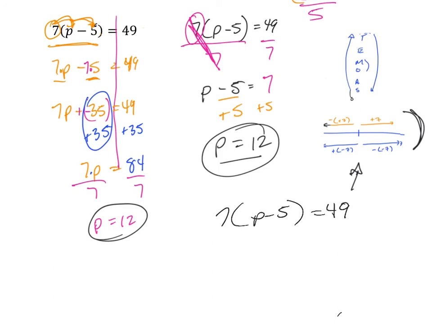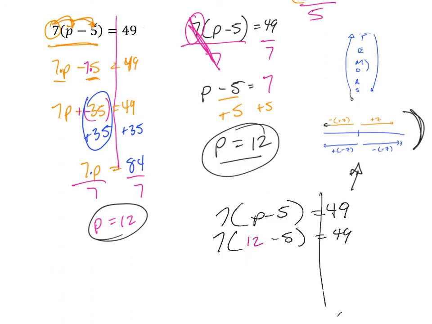You have to remember that you're not going to use distributive property when you simplify this, because if you're making a mistake in distributive property somewhere, you're just going to reproduce that. So what we're going to do is just plug it in: 7 times, and we said P was 12, so we're going to have 12 minus 5. We're just going to plug in the 12 where it belongs into P.